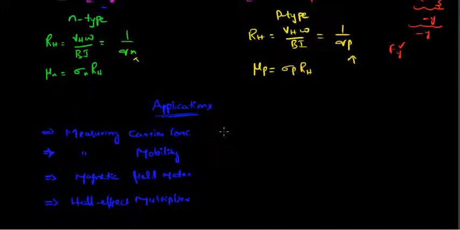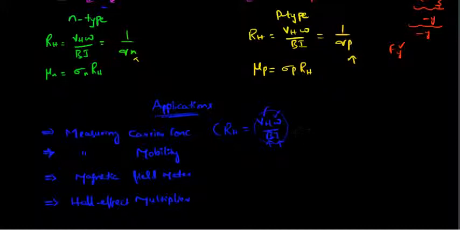The first one is measuring carrier concentration. How do you measure carrier concentration? We have seen that we have R_H, in both cases, which equals V_H W over B I. All these are measurable quantities, because you are applying the current through the semiconductor material and you are keeping that semiconductor material in a magnetic field B, which should be known, and V_H is the developed voltage, which we can measure using a voltmeter, and width W is one of the dimensions of the semiconductor material.